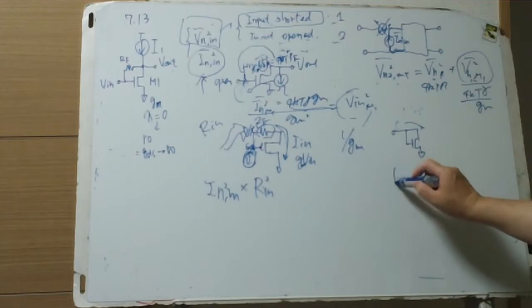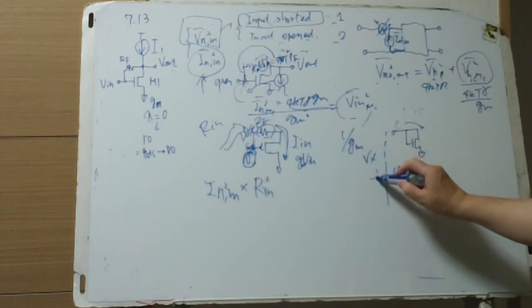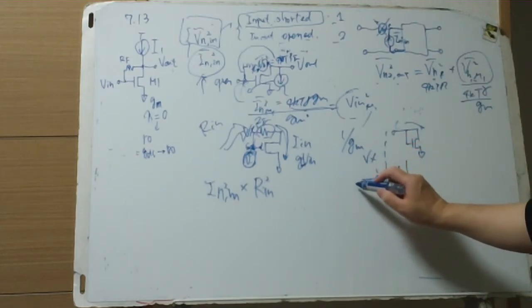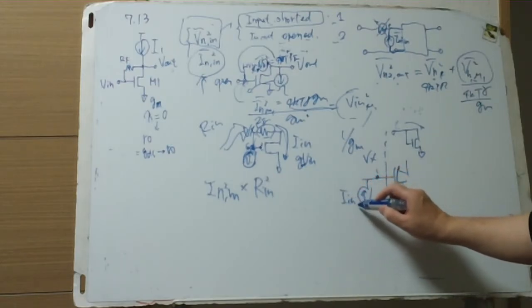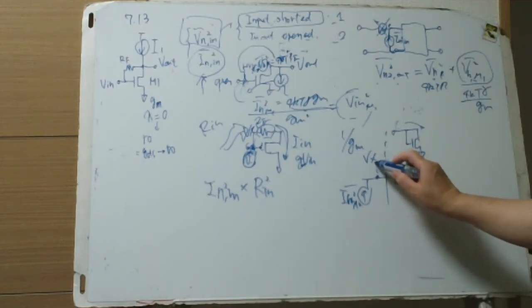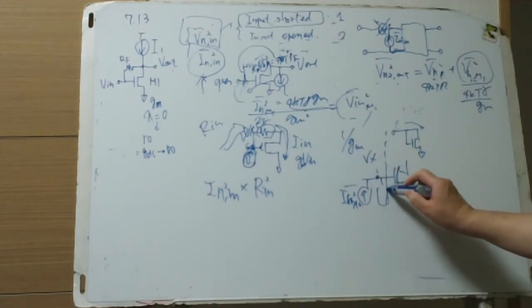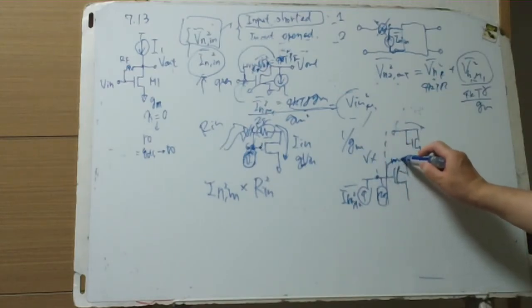There is current noise I n squared bar, and Vx equals I in times R in, where R in is 1 over GM, and feedback is there.